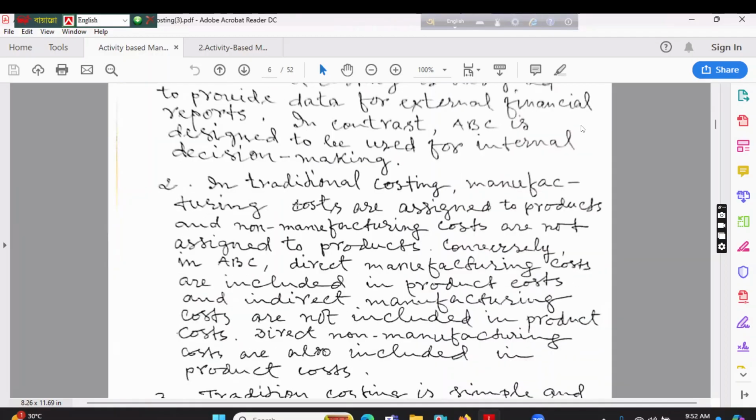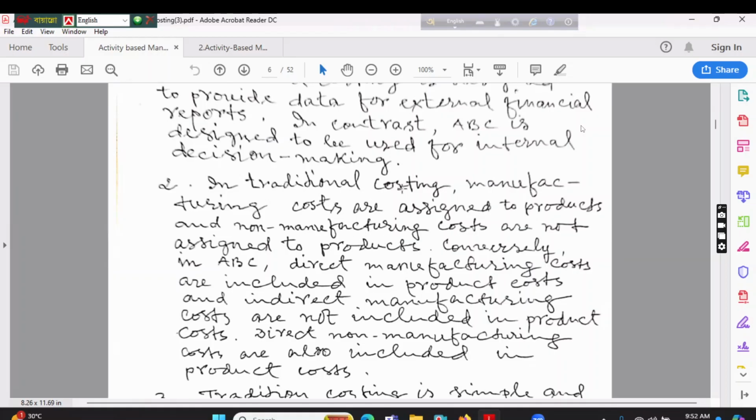Number two, in traditional costing, manufacturing costs are assigned to products, and non-manufacturing costs are not assigned to products.